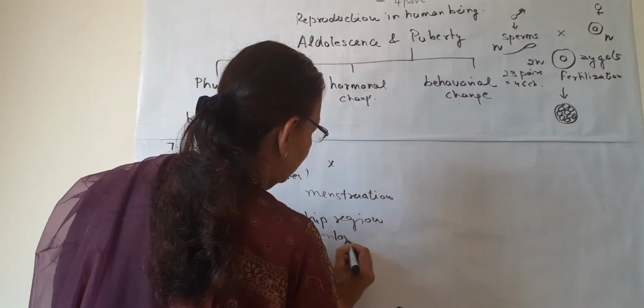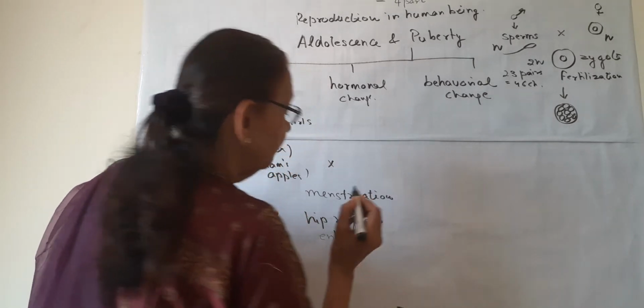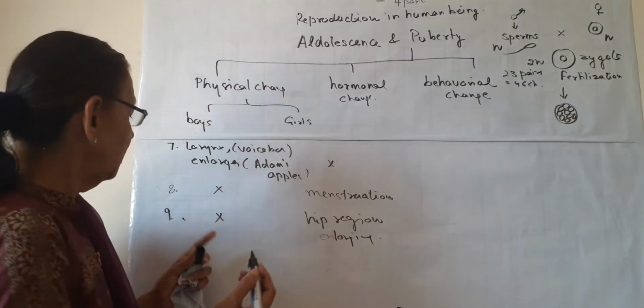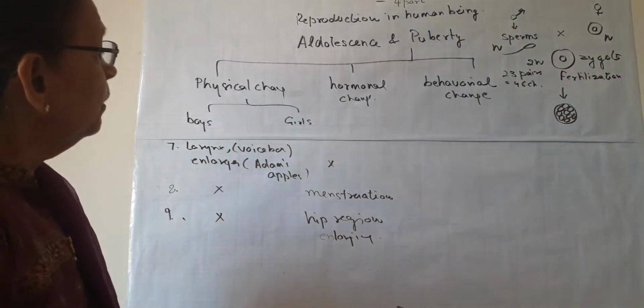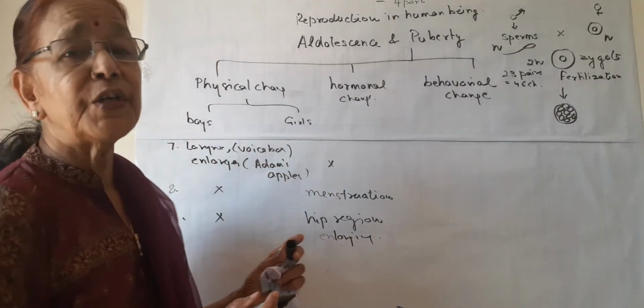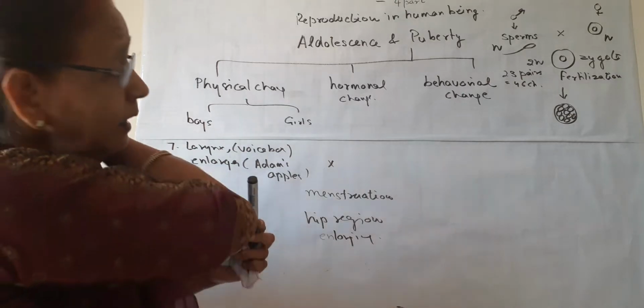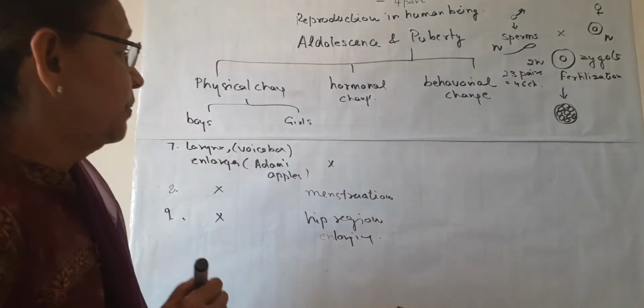It starts enlarging in girls. Thighs and hip region start enlarging, not in boys. So these are a few physical changes which take place in puberty in boys and girls.